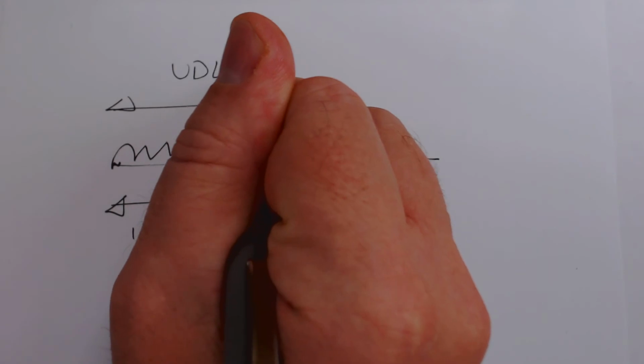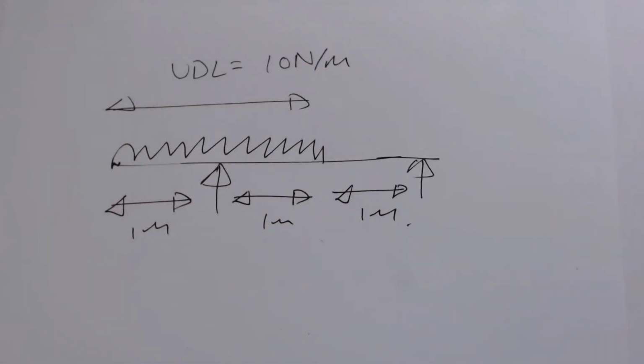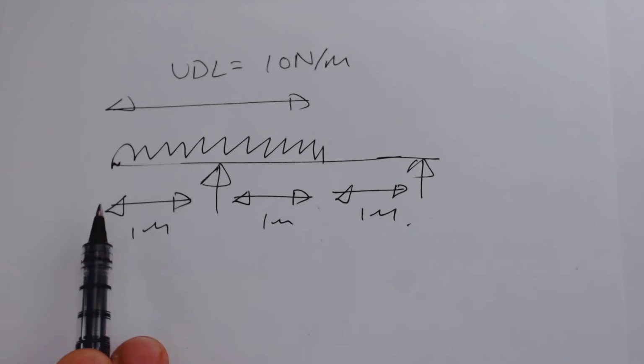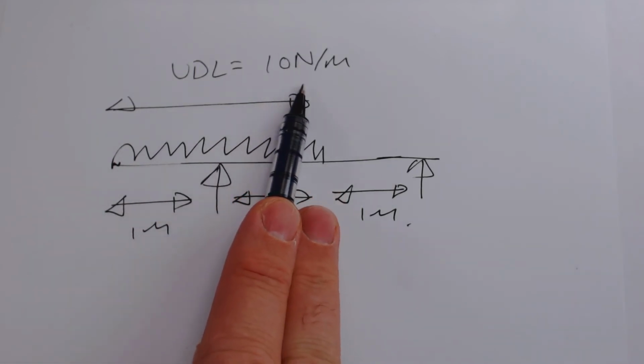And my UDL will be 10 newtons per meter. Can you see what the result is there? You should be able to see that you can do that problem without having to do any maths. I've got 2 meters worth of this UDL, so I'm going to have a total of 20 newtons.